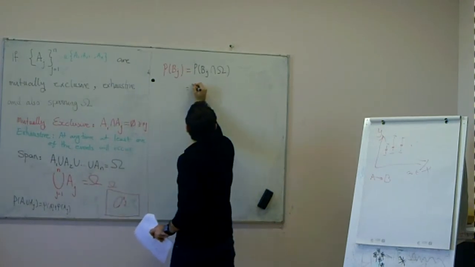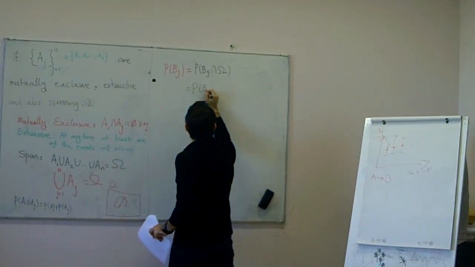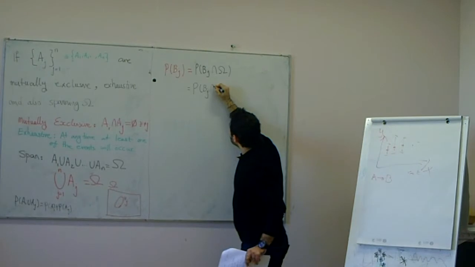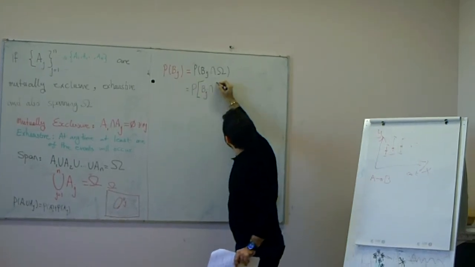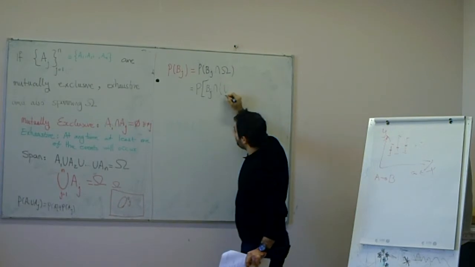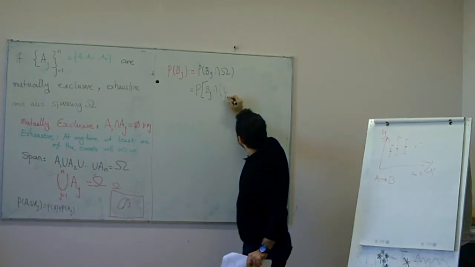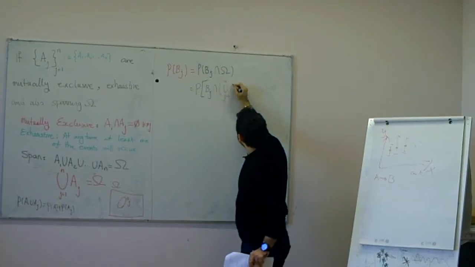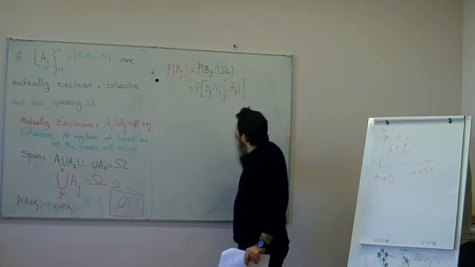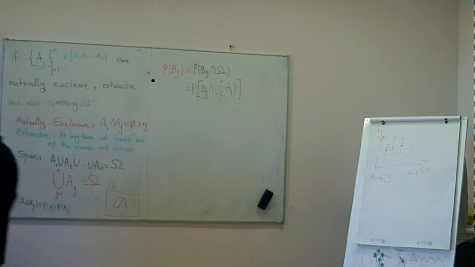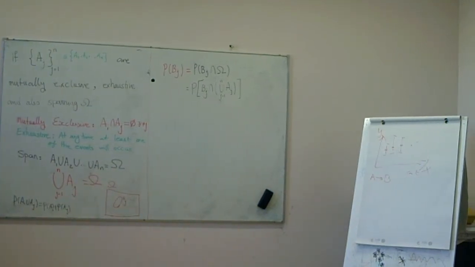So I can write P(B_j) as the intersection of B_j with the union.